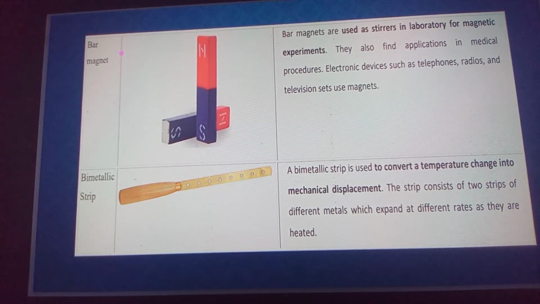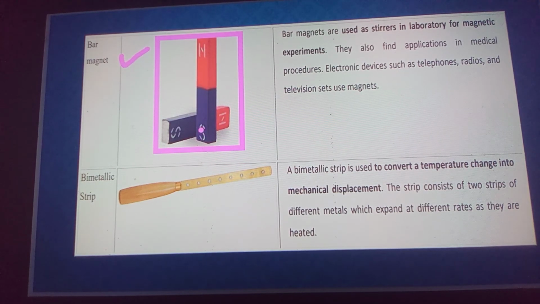Now let us see a bar magnet and its use. So here we have an image of a bar magnet having south, which is painted black, and the north, which is painted blue. The bar magnets are used as stirrers in a laboratory for magnetic experiments.